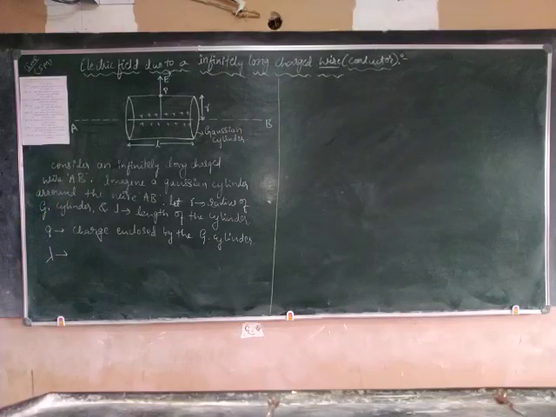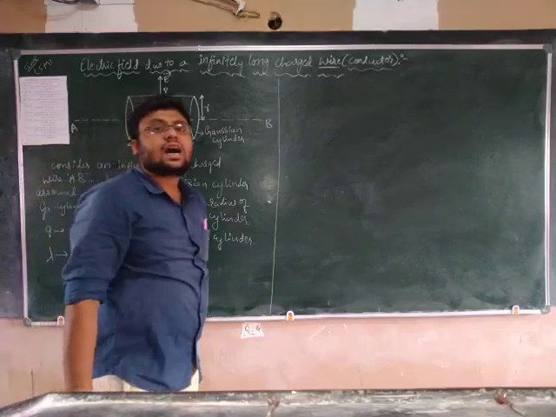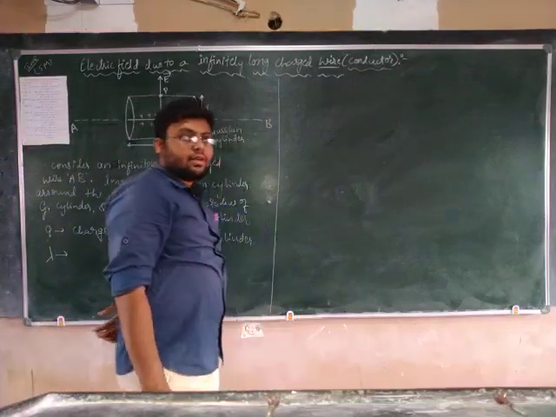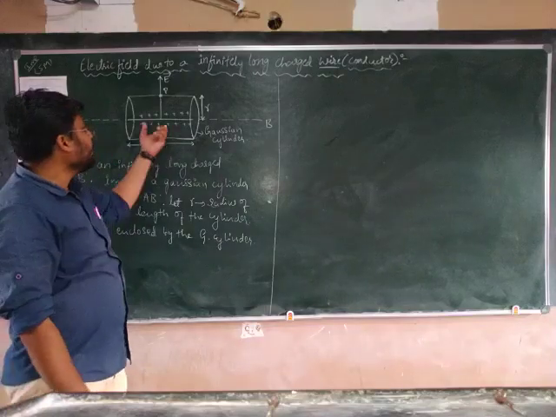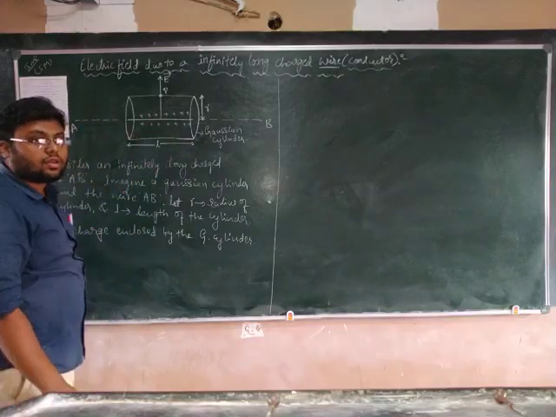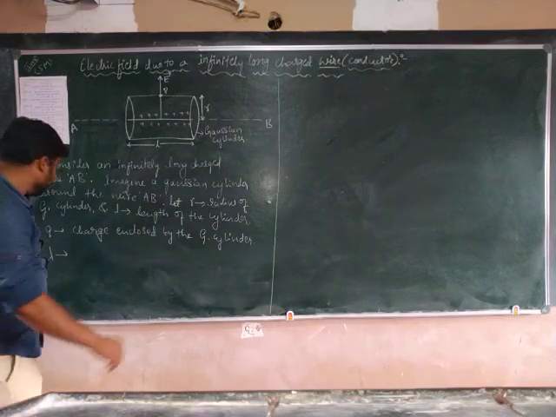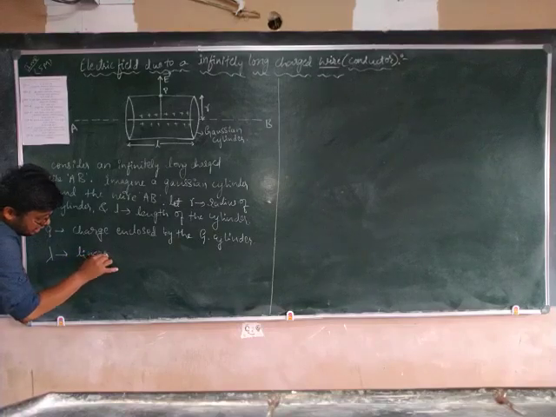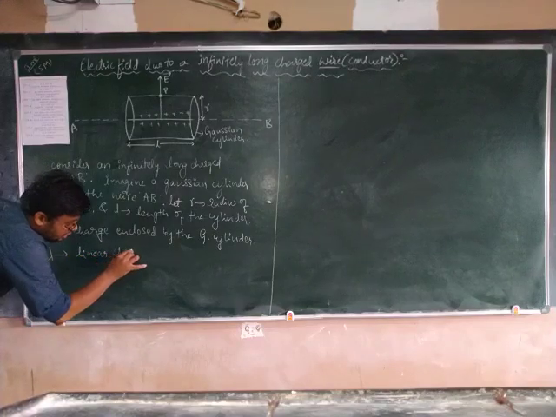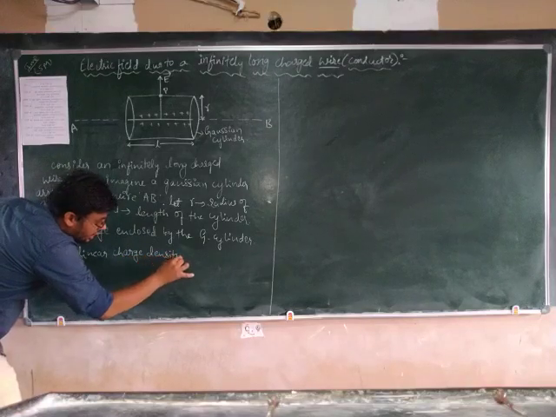What is the meaning of lambda? Already we have discussed lambda. That is the linear charge density. Linear charge density means the number of charges per unit length of this wire.